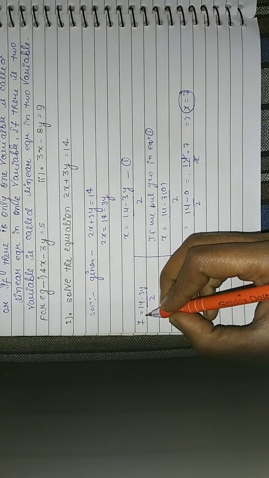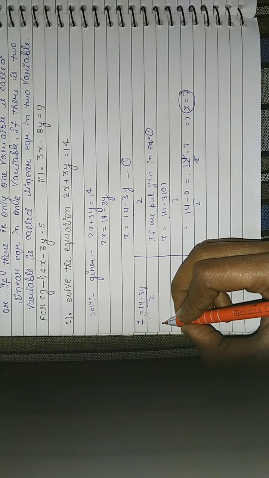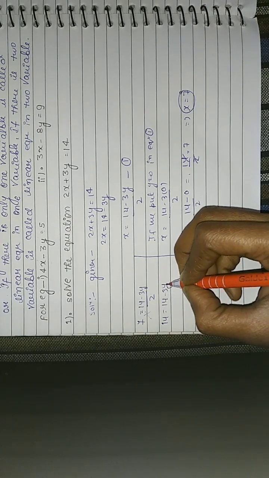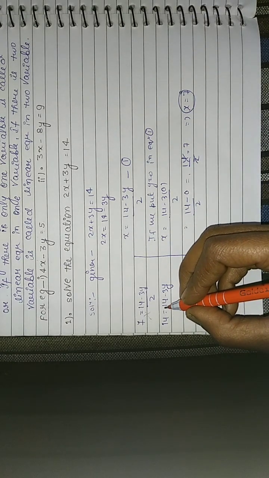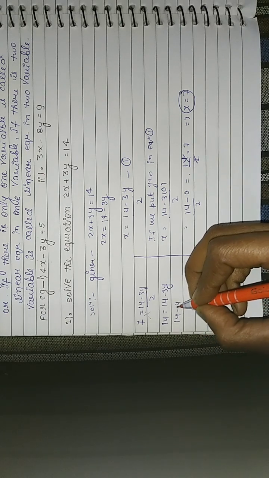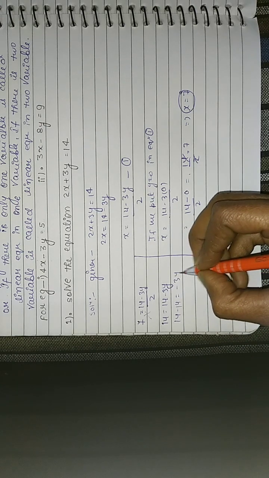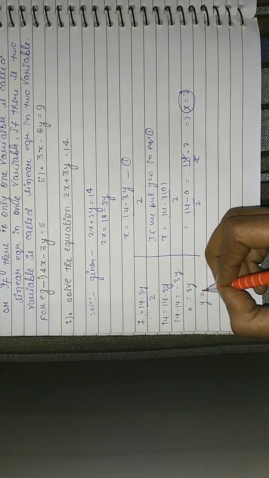We can do cross multiplication directly: 2 into 7 is equal to 14, and 14 minus 3y. Here 14 has a plus sign, so when we transfer it, it becomes 14 minus 14, so it becomes 0 and minus 3y. So it becomes 0 is equal to 3y, so y is equal to 0.